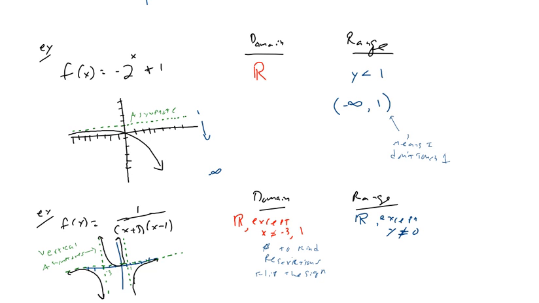So really the best way to find the range is looking at the graph. And for the domain, you only need to worry about 2 restrictions: fractions or square roots. Okay?